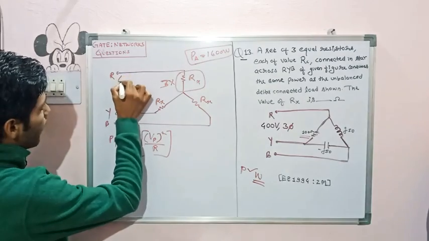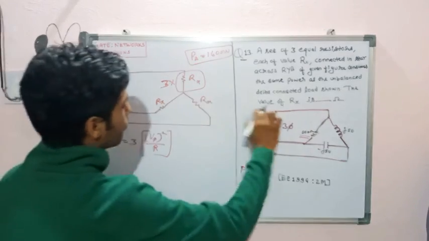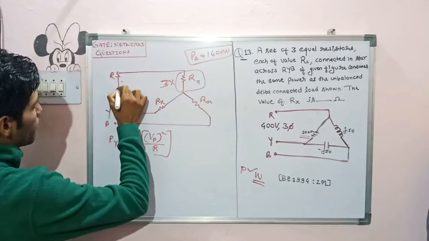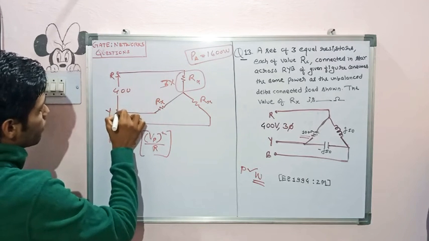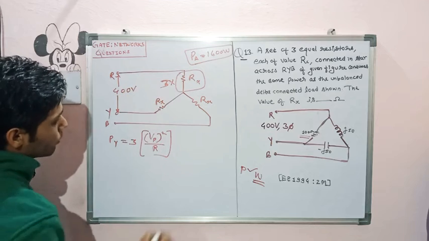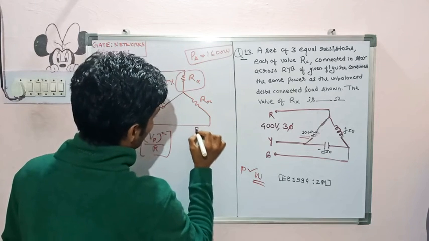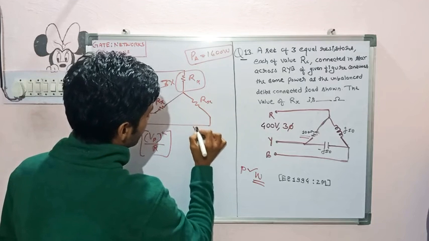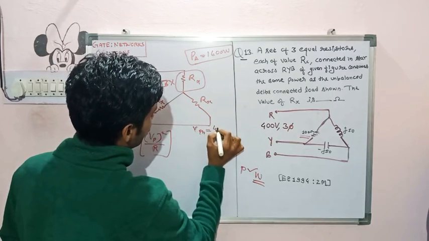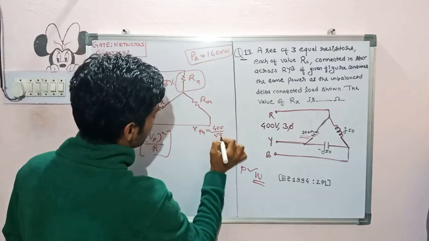Now the line voltage here is 400. In the same circuit we have connected delta, and here the line voltage is equal to 400 volt. So the Vph will be equal to 400 by root 3.